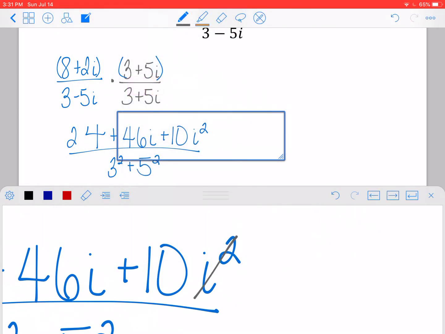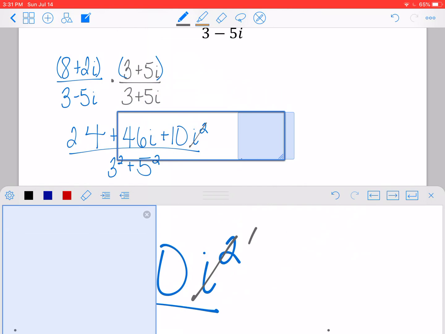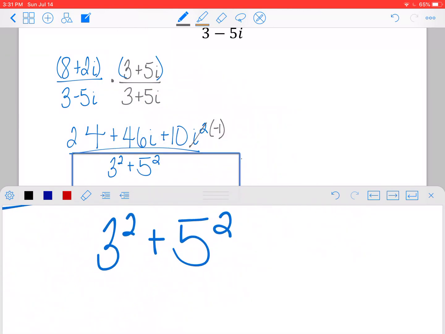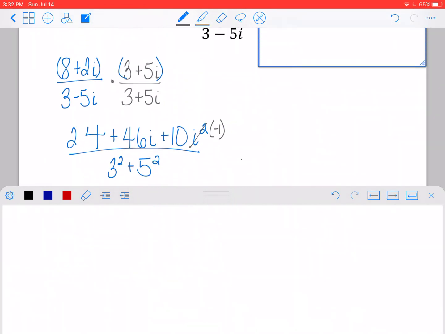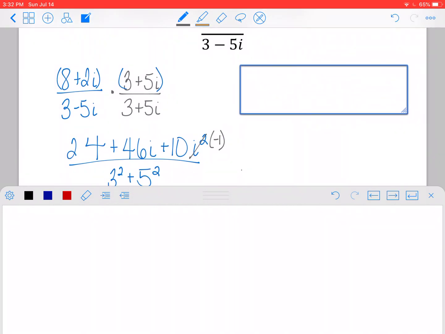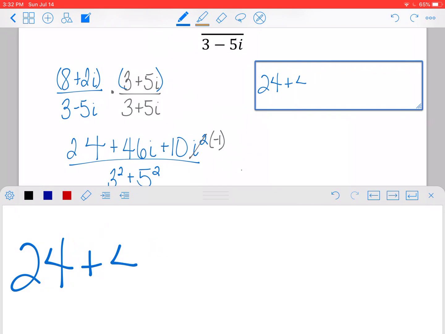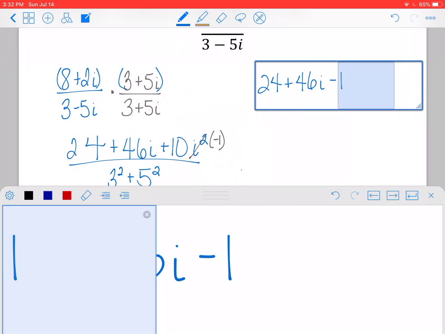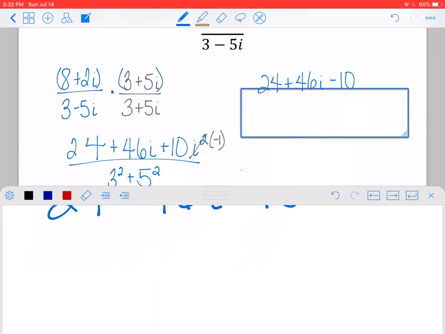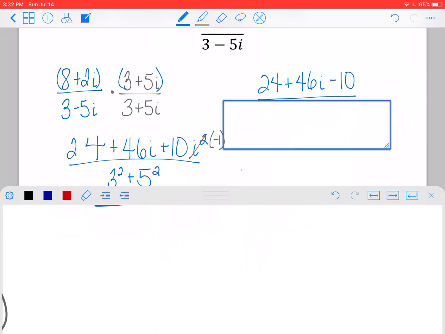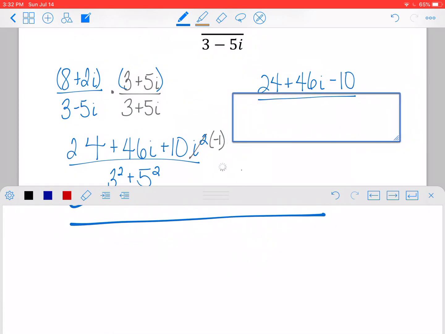And on the bottom, 3 squared is 9, 5 squared is 25. 24 minus 10, that's 14. So we have 14 plus 46i over 34.